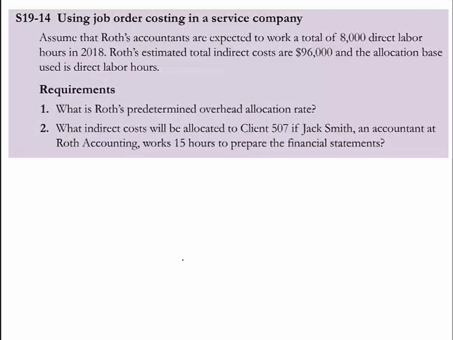So this one says, assume that all of their accountants we're anticipating 8,000 direct labor hours, and we're anticipating $96,000 in total indirect costs. So that's everything other than the labor. What is their predetermined overhead rate? Same way we did it for the manufacturing. We take the total estimated indirect costs divided by the estimated number of direct labor hours.